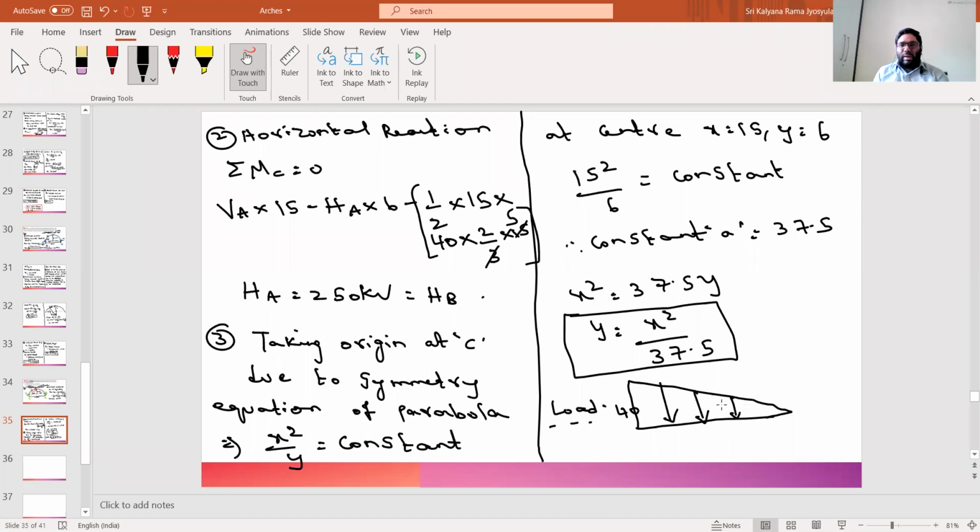Okay, so that is 40, and at a section x, that load Wx is equal to x by 15 into 40. Correct? So for 15 meters, it is 40. For x, how much? So these are the two confusing or complicating things which people might come across in analyzing this.